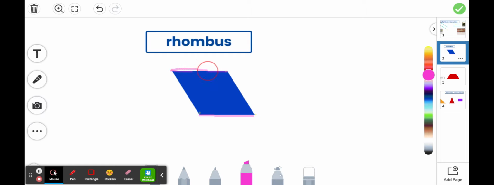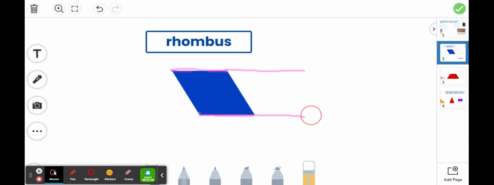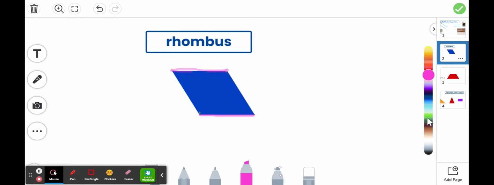This line on the rhombus is parallel to this line. If we extend those lines on and on forever, those lines are never going to cross. It also has another pair. So that's one pair of parallel lines, another pair of parallel lines. This line is parallel to this line. So the rhombus has 2 pairs of parallel lines.